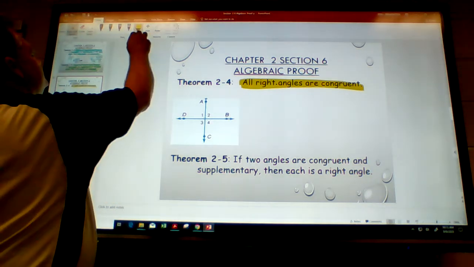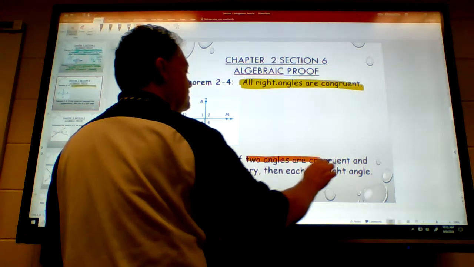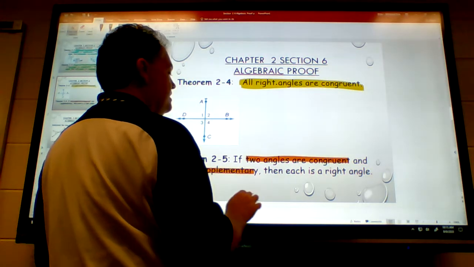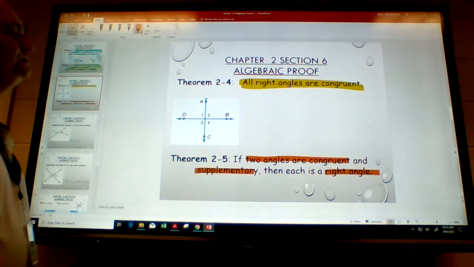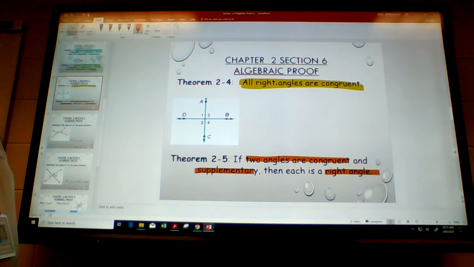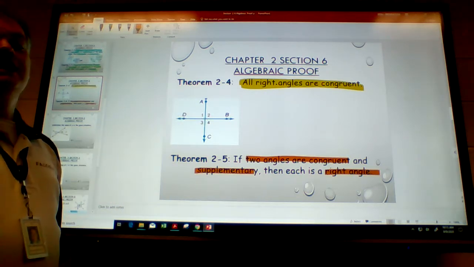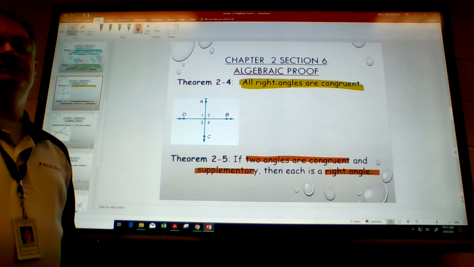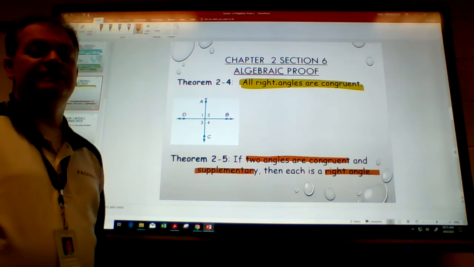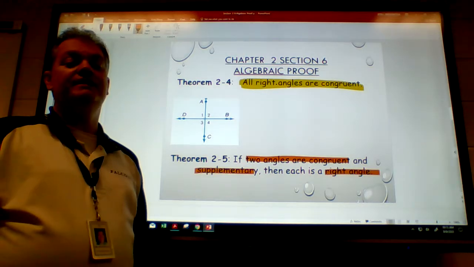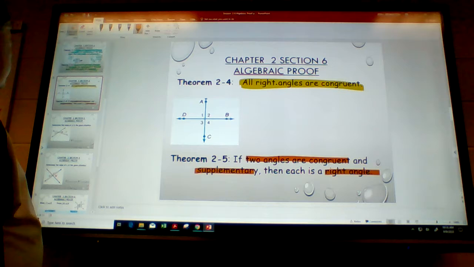And also, if two angles are congruent and supplementary, then each is a right angle. We could prove that, but we're not going to. So basically, if angles 1 and 2 are congruent and supplementary, then they're both right angles. We'll talk more about that as the semester goes on.